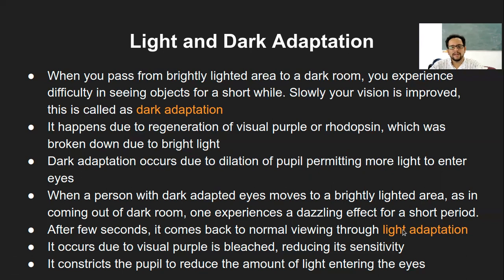This is called light adaptation, and it occurs because of the reduced sensitivity of the pigment, the visual purple, which is bleached, and it has reduced sensitivity because it does not have much function in the dim light. When the sudden surge of light comes onto your eye structure, all of the pigment is getting utilized in a fraction of a second, and that causes a little while of dazzling. A little while is again just a fraction of a second.